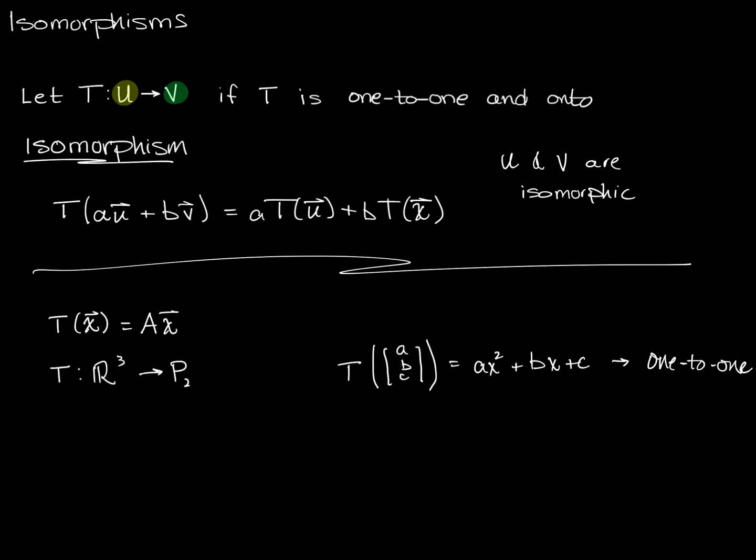Some of the terms are zero. Then I would argue that it is also onto, because everything that looks like this, where A, B, and C are real numbers, gets mapped to in the application of this transformation. So again, by argument, this is also onto, and therefore we can say T is an isomorphism.